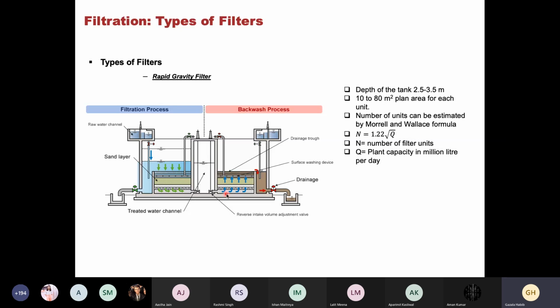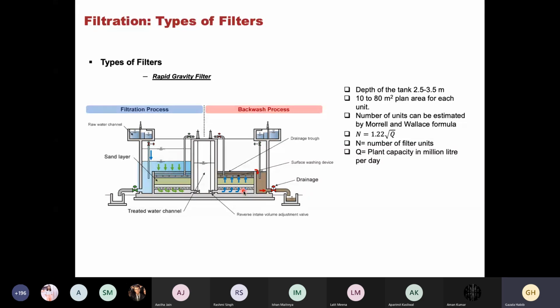So once the filter is clogged and the head loss is high, then the clean water will be passed from the bottom towards the top in order to agitate the sand bed, okay, and therefore the impurities which are binding around the sand particle will be removed and washed out.